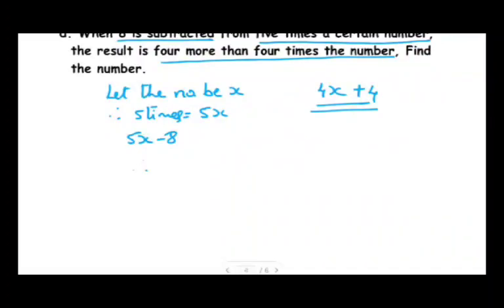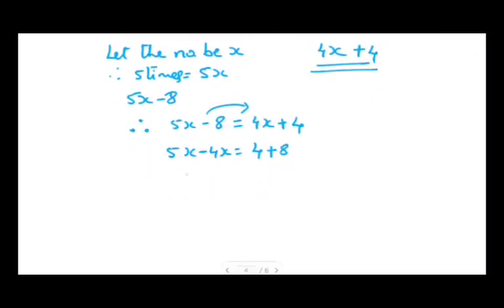So what happens is 5x minus 8 is equal to 4x plus 4. That's the result of this number. Correct? So now all the x on the LHS, so 4x goes to the other side and becomes minus 4x, and 8, which is on the LHS, goes to the other side and becomes plus 8.